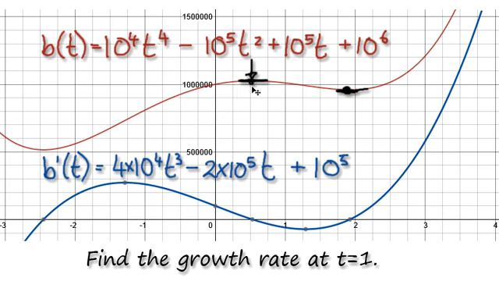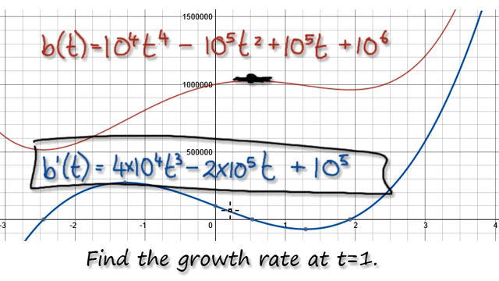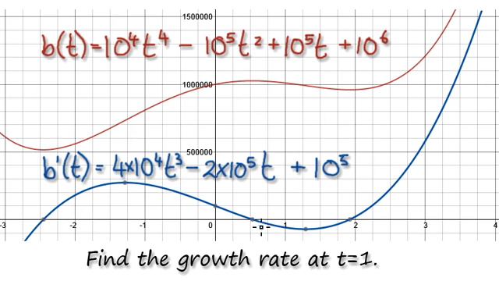Okay, so if you want to find out when the population starts to decline, then really you're trying to find out when the gradient is 0. So this is the gradient graph. This is the time when the gradient is 0. If you look at this point here, the gradient is 0, and at this point, the gradient is also 0.